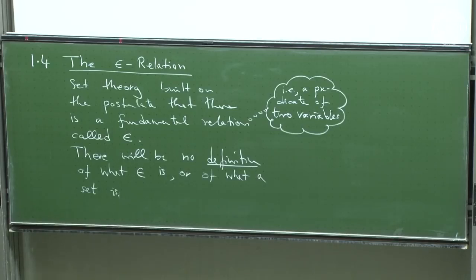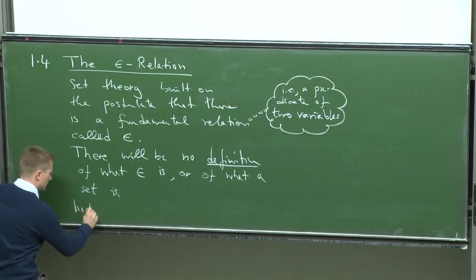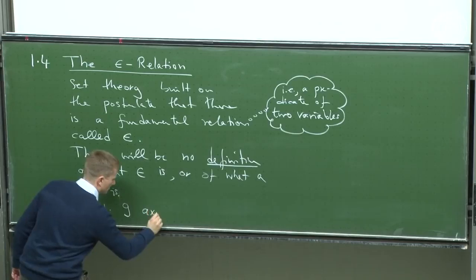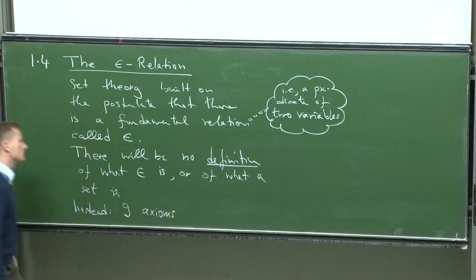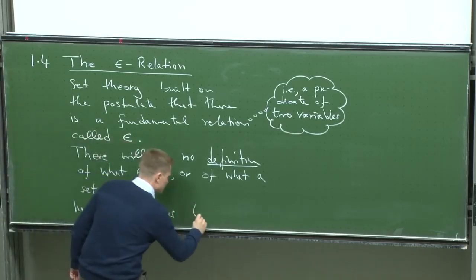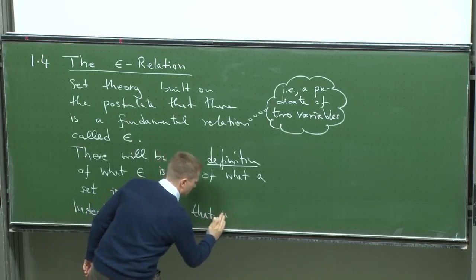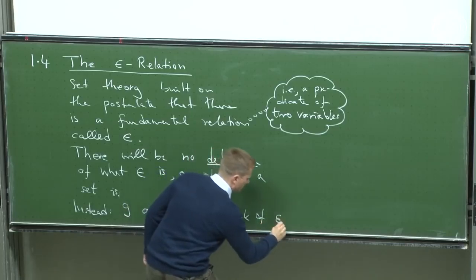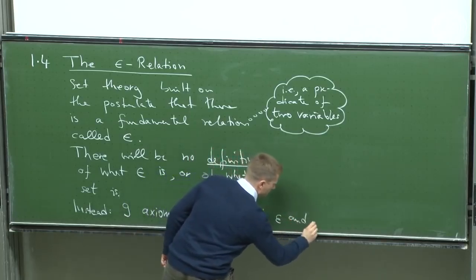Instead, we're going to write down 9 axioms that use or that speak of epsilon and sets.